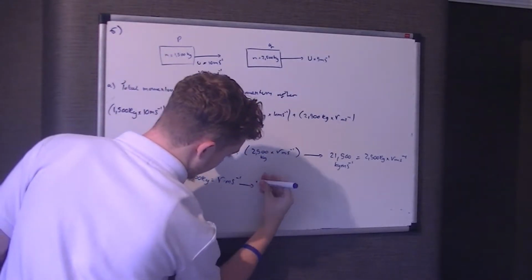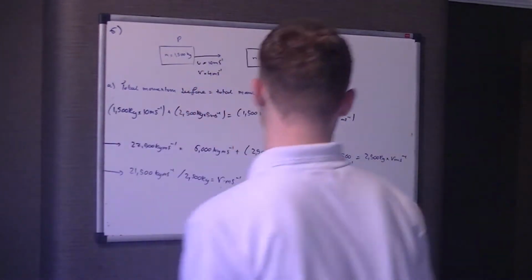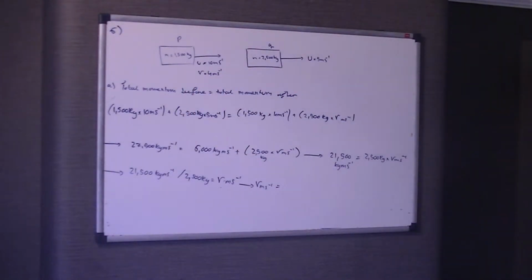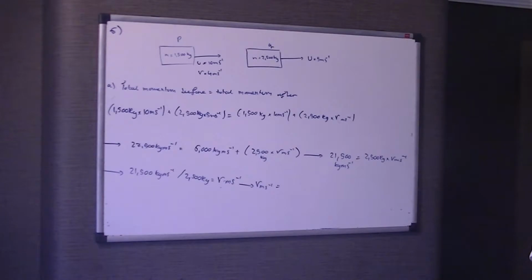So therefore v meters per second is equal to, on the calculator, 8.6 meters per second.